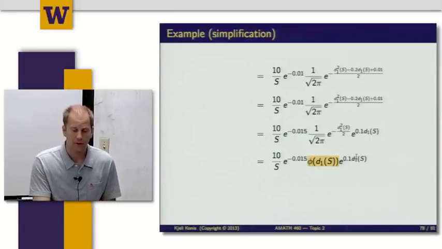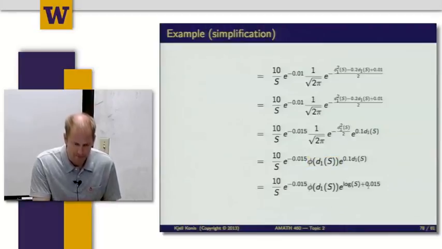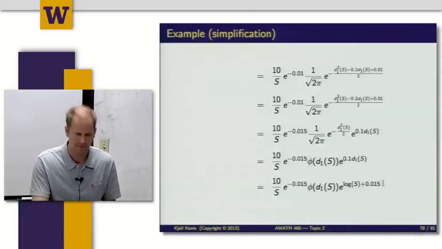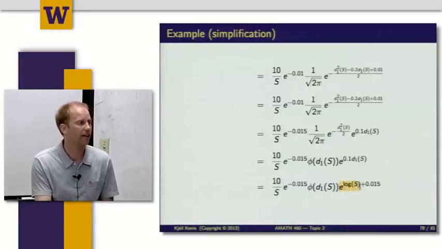And now, remember, I had d1 was just 10 times the log of s plus 0.15. And so here I have e to the log of s, that's just going to be s.